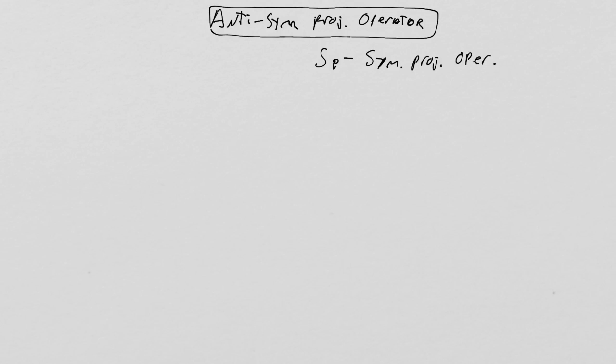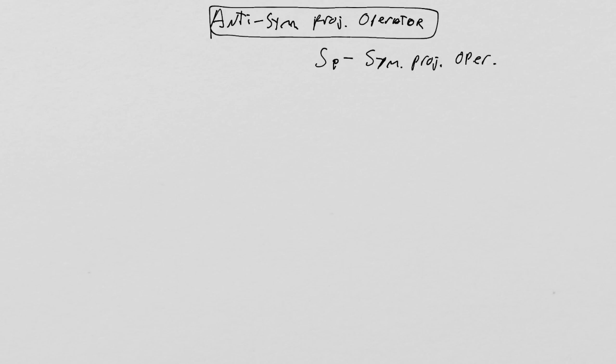Likewise, now we can also do the anti-symmetric projection operator. That's what I was fumbling for. SP is the symmetric projection operator. I was calling it the symmetrization operator. That's not right. It's the symmetric projection operator, and this is the anti-symmetric projection operator.